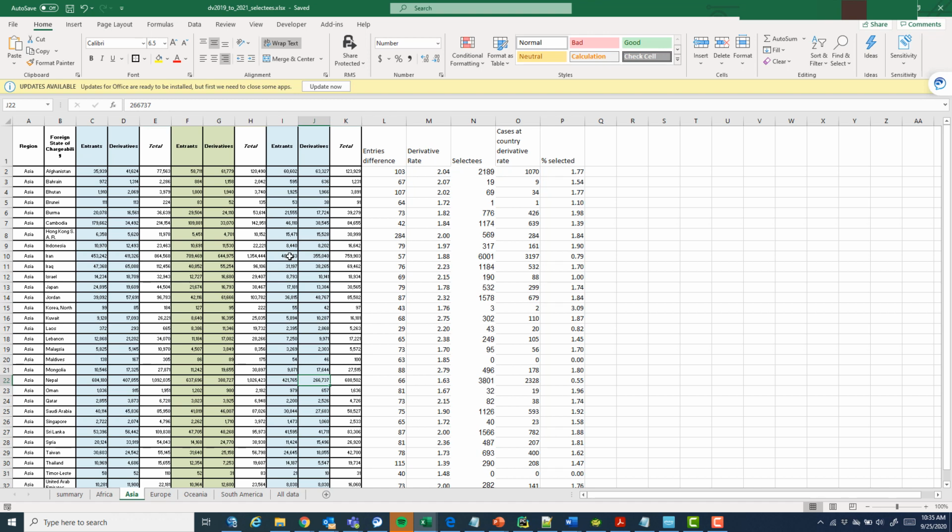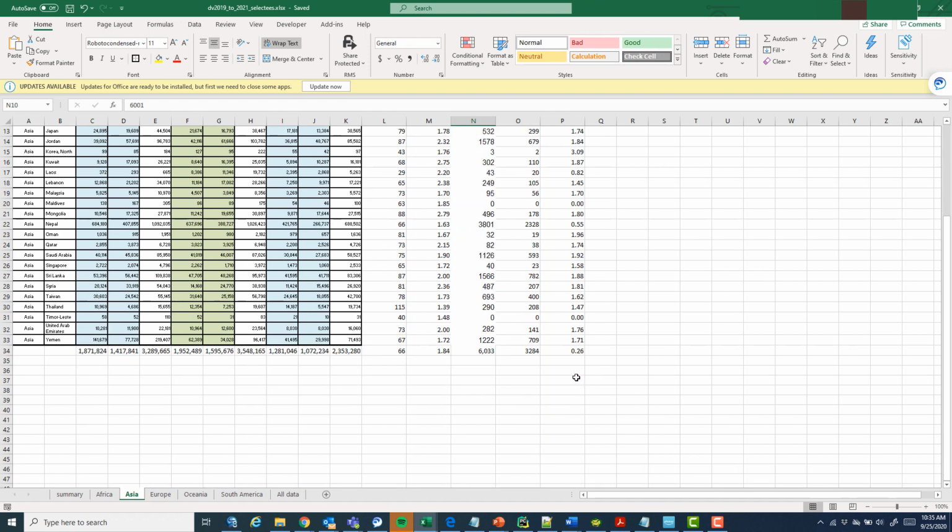So, for example, we can see that there are 404,000 Iranians and 421,000 Nepalese. They both got cut off, I think, but they got a different number of selectees, right? And that's okay. There's good reason for that. The derivative rate in Iran is higher, so the same number of cases would result in a higher number of actual selectees. But clearly, both have been managed down, as it were.